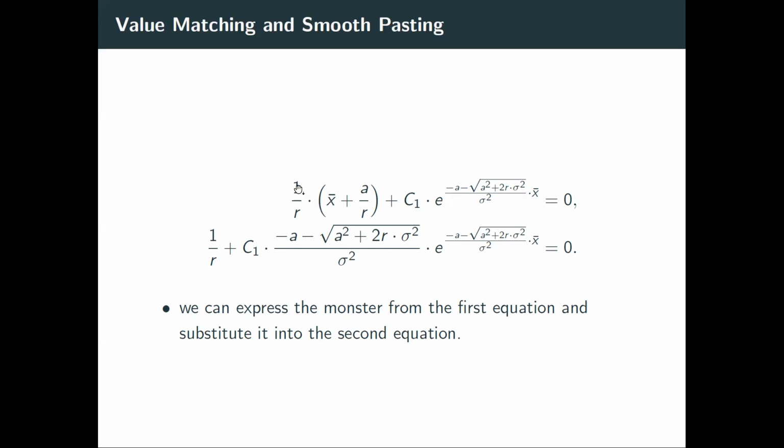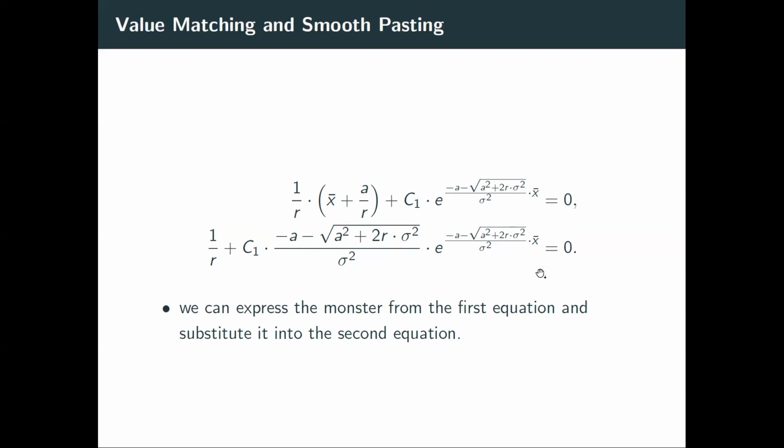When you take the derivative here, without substituting x bar, it will be just 1 divided by r. It's a linear function. And here it will still be C1, just a constant multiplier. And when you differentiate this, you just pull out this constant term, right? So here you have this term, and then the same exponent.